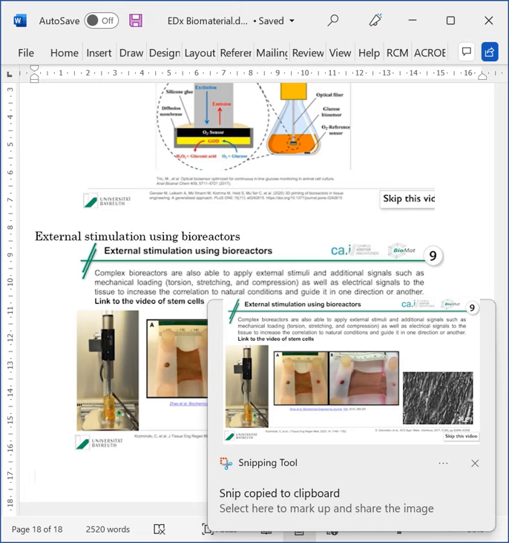We can also apply electrical pulses, and like in this picture here, we can see the beating of the muscle cells inside the bioreactor. If you remember my last video on stem cells, that's also one way we can differentiate the stem cells toward a specific type of cells or tissue.